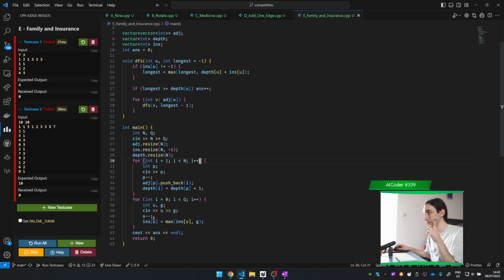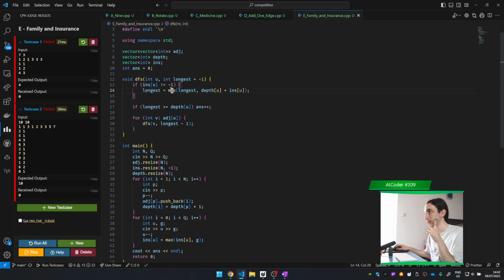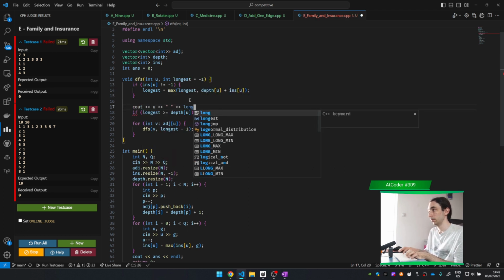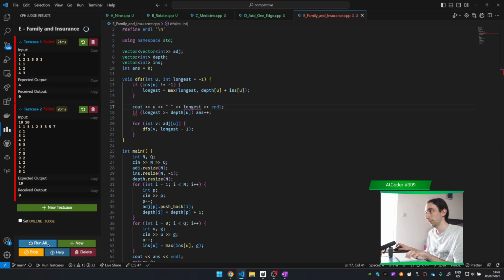The q things you maximize with q, then longest is whatever the longest meant, and depth plus minus s at u, of course.